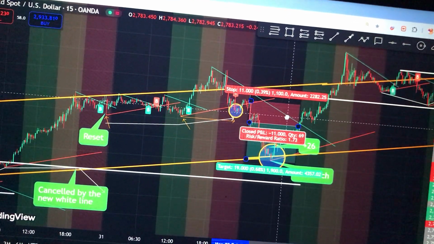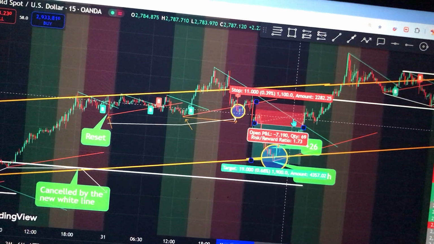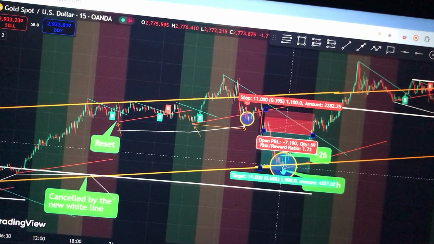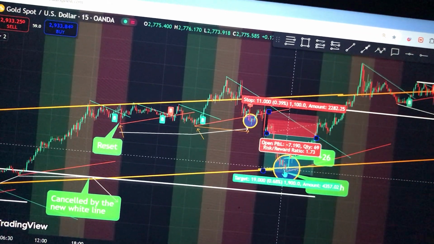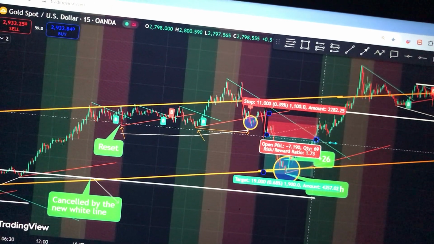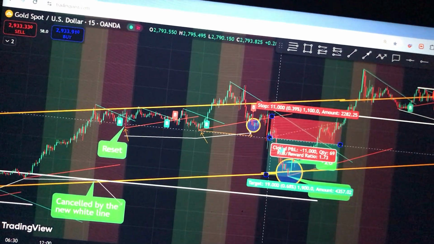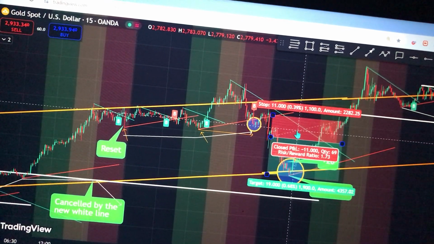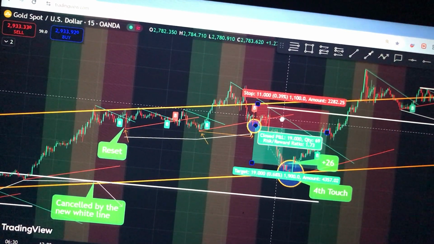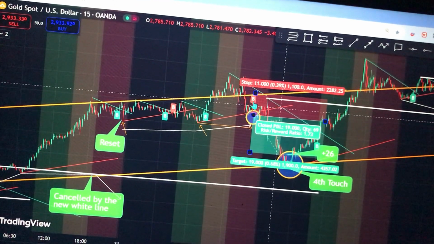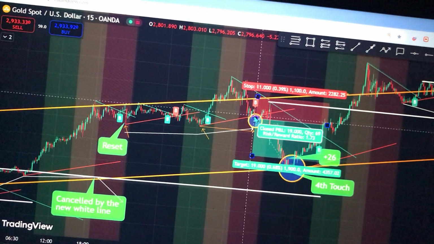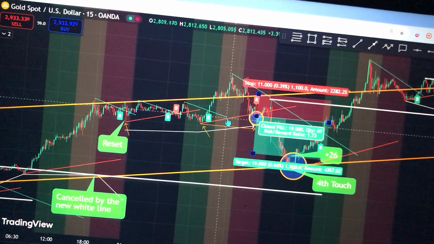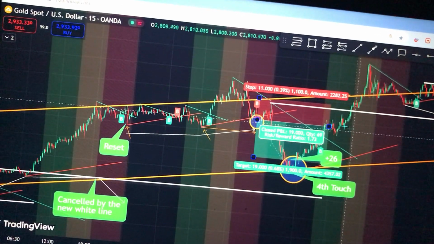You'll get triggered, let's say from here at this point, but then depending on your stop loss, you might hit your take profit or you might get stopped out. It's not an obvious strategy, but it is a winning strategy, especially if you focus on entering on these breaks here on the second trend line.